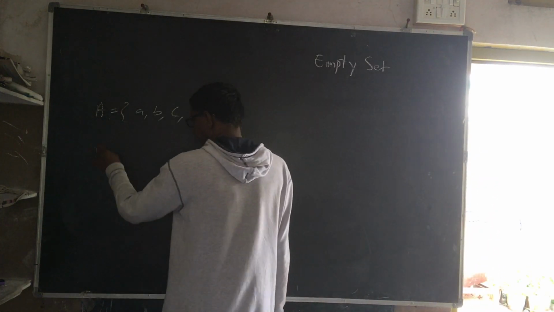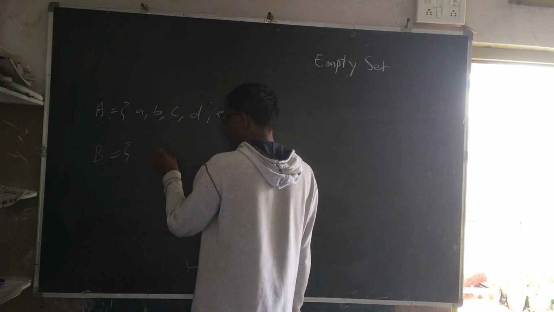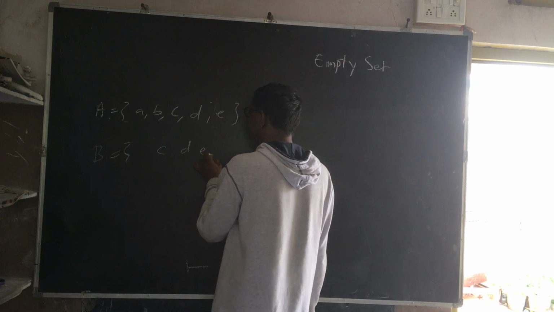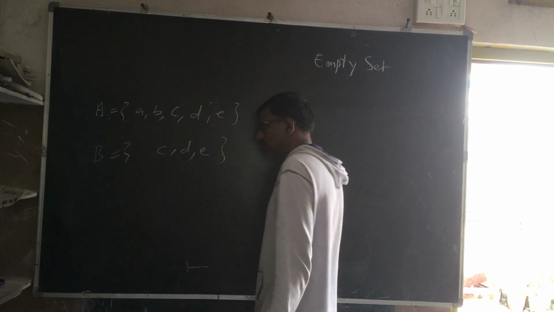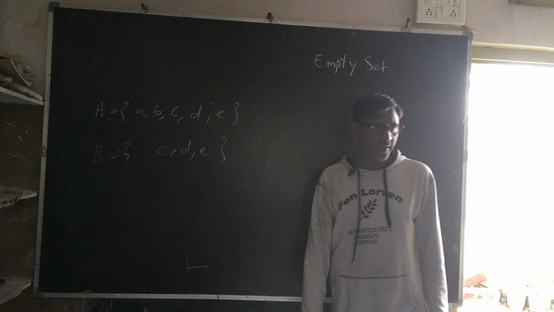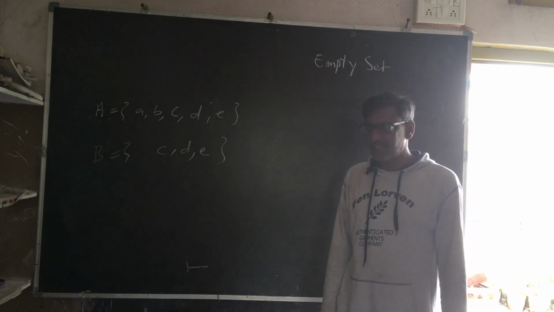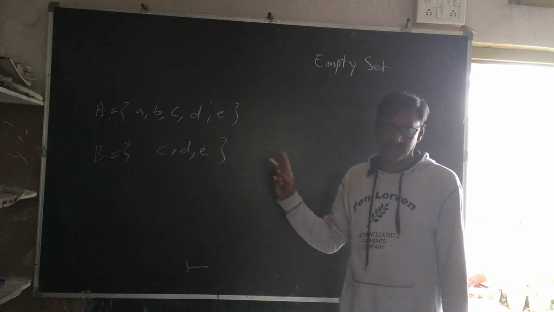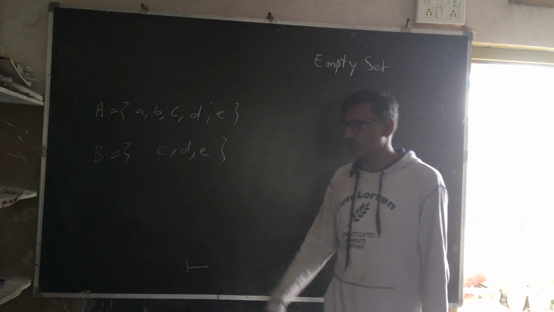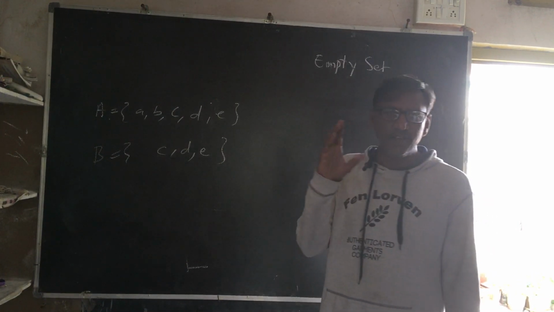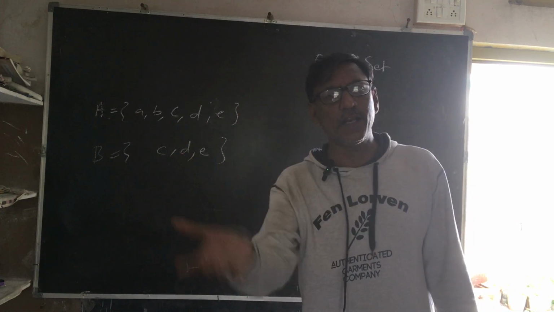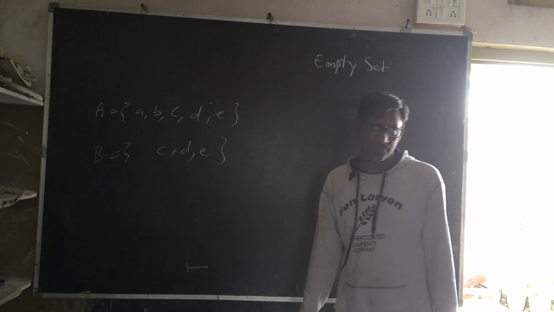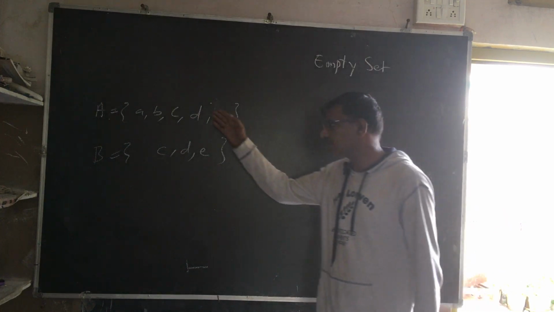And B is my set {c, d, e}. In set B we have c, d, e, and in set A we have a, b, c, d, e. By observing these two sets, every element of B is an element of A. Therefore, B is a subset of A.